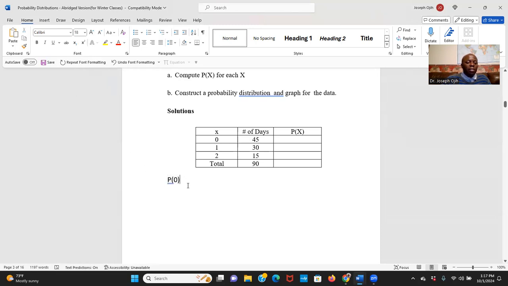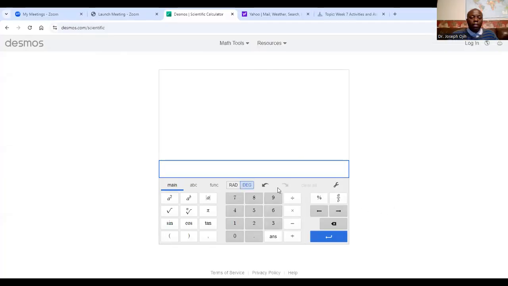So P(0), the probability of 0: 45 days are the days that they did not rent any chainsaw, which is 45 out of 90. On the calculator, 45 divided by 90 is 0.50.